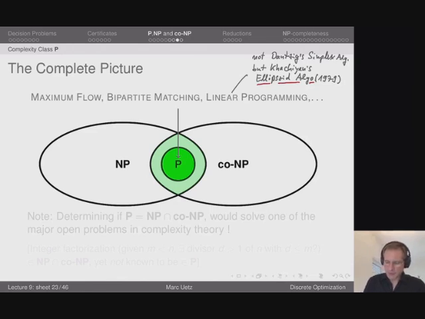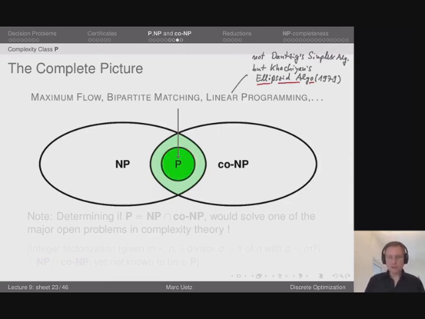But at the end of the 70s, it was actually Khachiyan who proposed an algorithm which is known as the ellipsoid method, which does solve linear programming problems, at least theoretically, in polynomial time. So hence, indeed, linear programming is not only in NP and co-NP, but it's even in the class P. Okay.